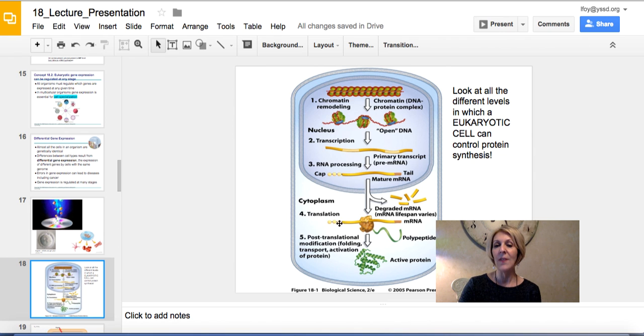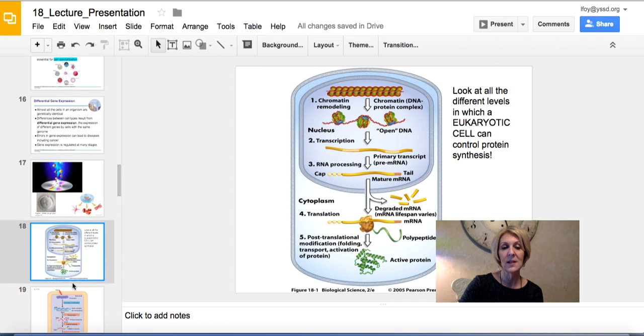We can control at the translation level. We can degrade the messenger RNA before it ever gets to a ribosome. After a polypeptide is synthesized, we can modify it by activating it, folding it, transporting it, and then we can degrade the active protein itself. So there are many different levels that a eukaryotic cell has.